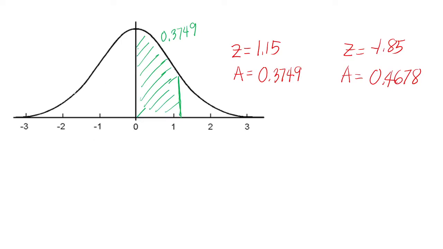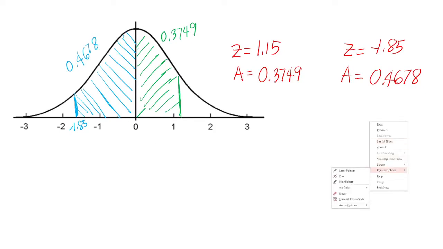So here, for example, this is negative 1.85. So this blue part, the area is 0.4678.